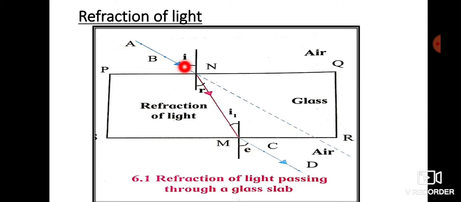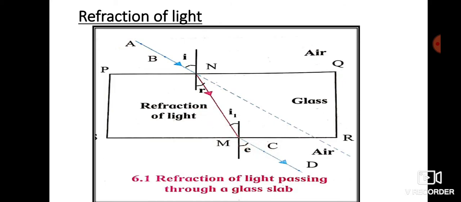That means angle I is equal to angle E. But here you must observe from the figure that the emergent ray MD is somewhat displaced with respect to the incident ray AN. So this gives us the path of light traveling from air to glass, and from glass to air.